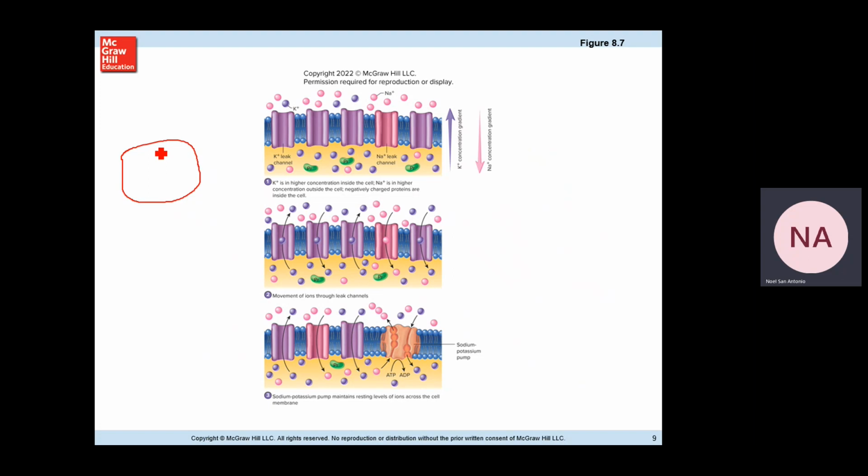Some substances are allowed to pass through while some substances are not allowed to pass through. As a result, there can be a concentration of some substances outside and a concentration of some substances inside the cell.